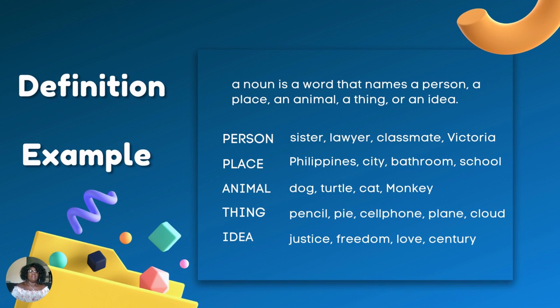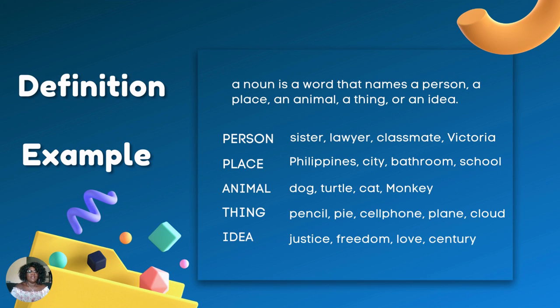Definition of a noun. A noun is a word that names a person, a place, an animal, a thing, or an idea. Example of a person: a sister, a lawyer, a classmate, someone's name, Victoria. A place, example: Philippines, city, bathroom, school.